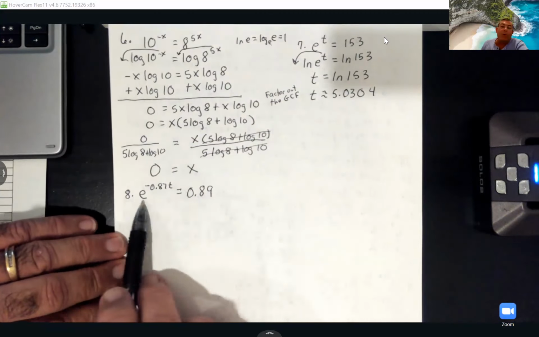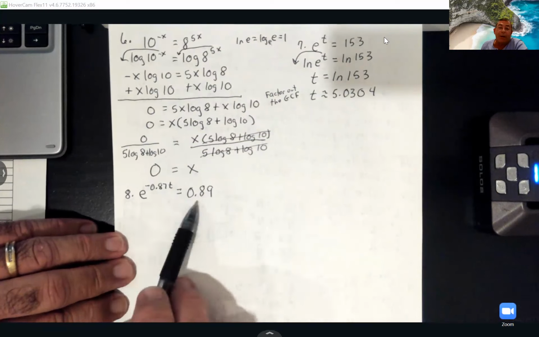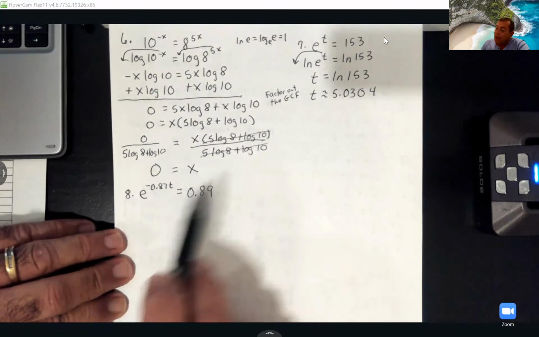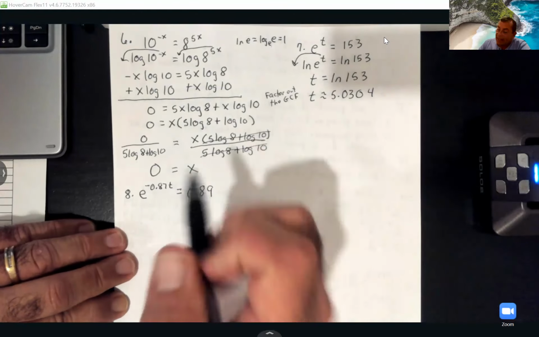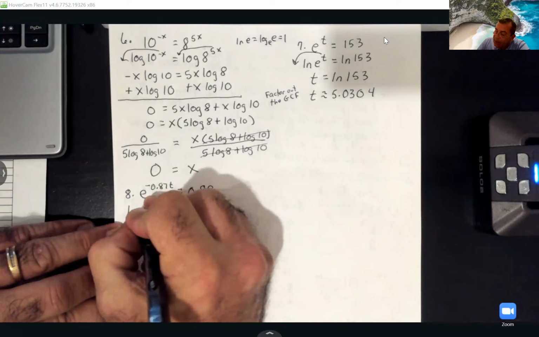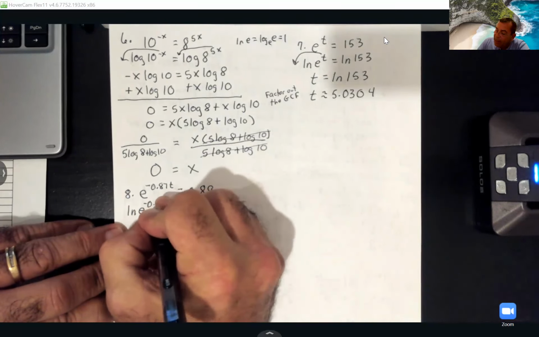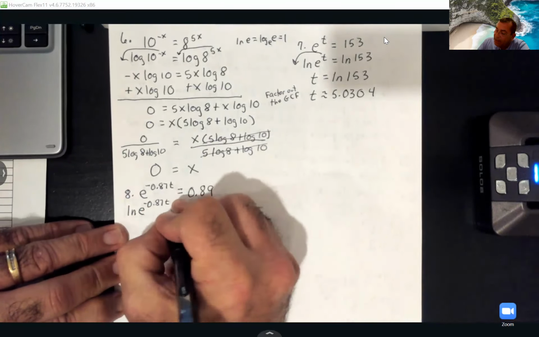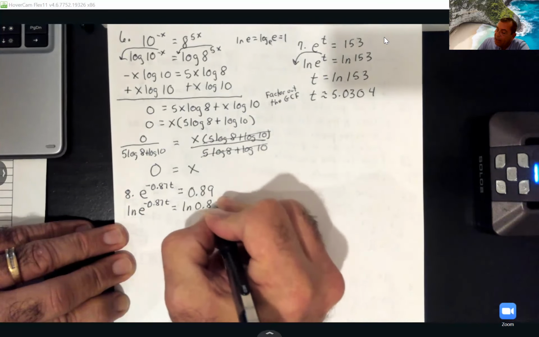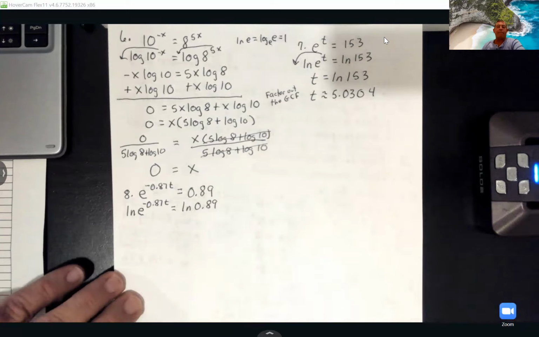All right, so I'm not going to try to rewrite this one because that's probably impossible. So I need to bring the exponent down. So since that's the E, we're going to take an ln of both sides. ln of E to the negative 0.87t will equal the ln of the 0.89.